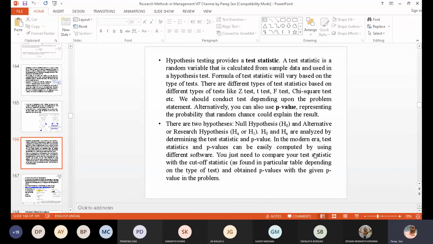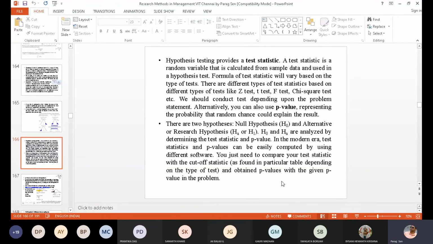But in this case the p value is very easy to understand, because usually these tests are carried out at alpha equal to 0.05 level. Okay, so if your p value is less than 0.05, you come to the conclusion that you can reject your null hypothesis.